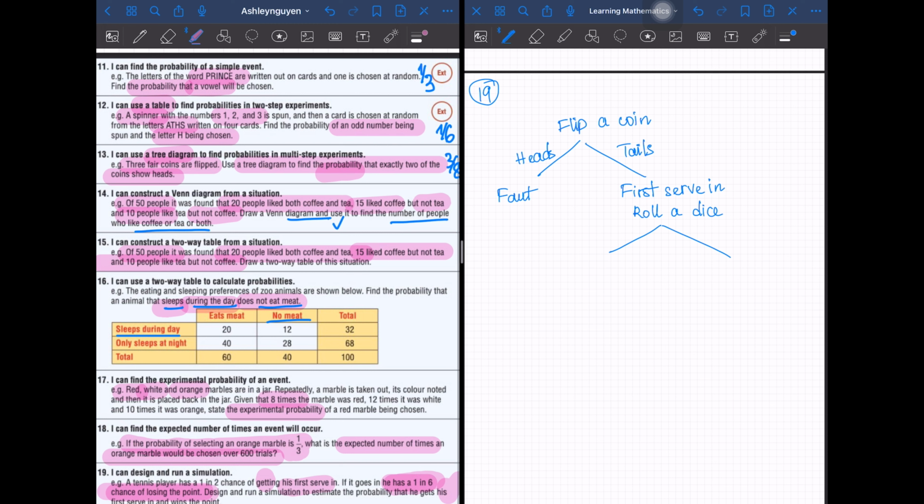If you roll a 1, the probability of rolling 1 is 1 out of 6, so you lose a point. And you can have either 2, 3, 4, 5, 6, so you have a 5 in 6 chance of winning a point.